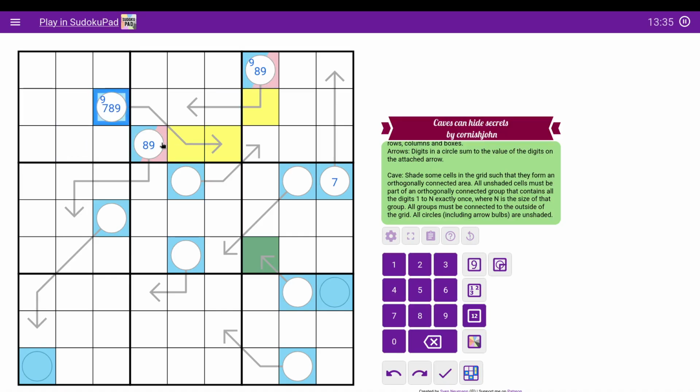This is 7, 8, or 9. One of them is a 9. We know, of course, this is 1, 2, or 3, and it has a duplicate. These two must be the same as each other. I'm not going to indicate that in color.